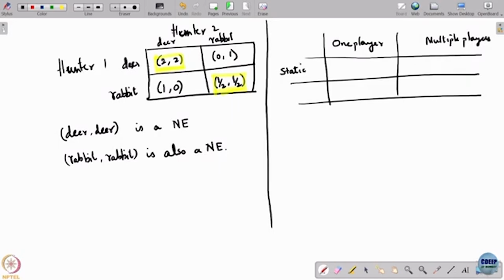Now, in the static setting, if it's just one player, it just reduces to optimization. And if it's multiple players, then it leads to static game theory.